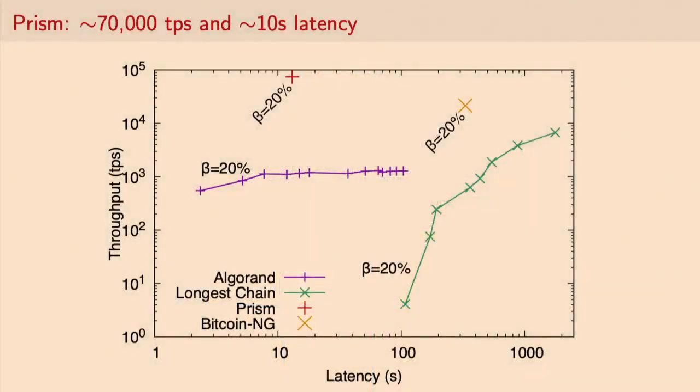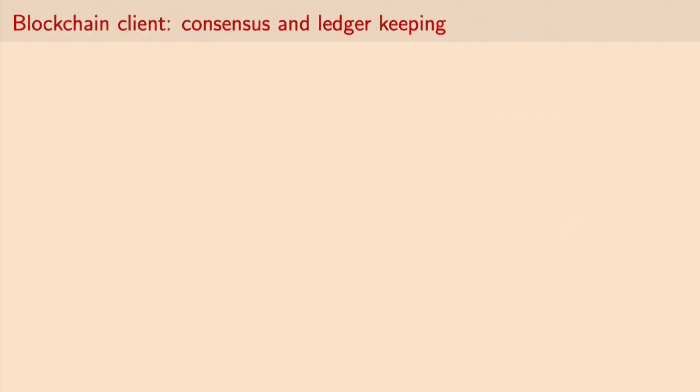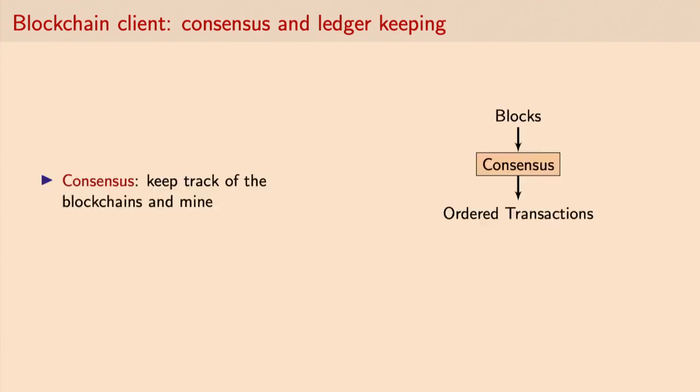Okay, let's continue. We have seen that Prism achieves 70,000 transactions per second and tens of seconds of latency. And we did a comparison with other protocols, which I'll cover in a minute. When we talk about a blockchain client, we're actually talking about 2 roles. The first is that the blockchain client participates in the consensus.